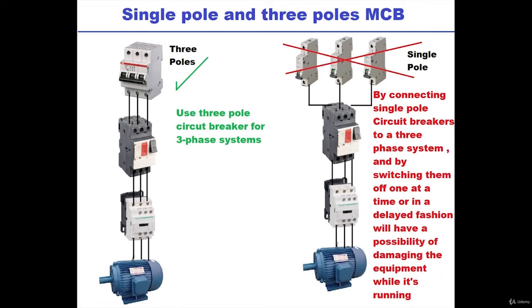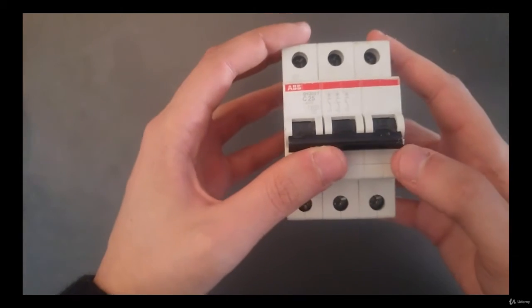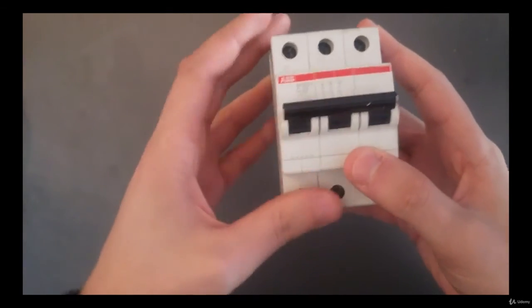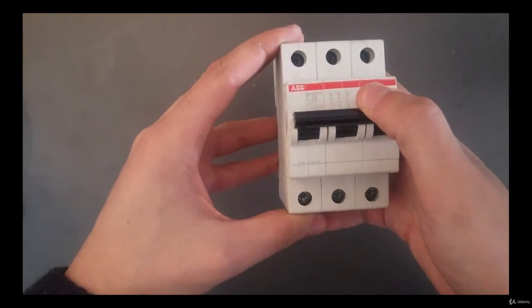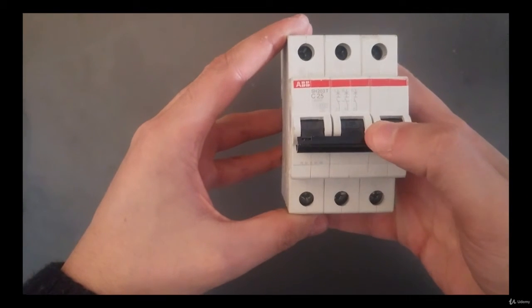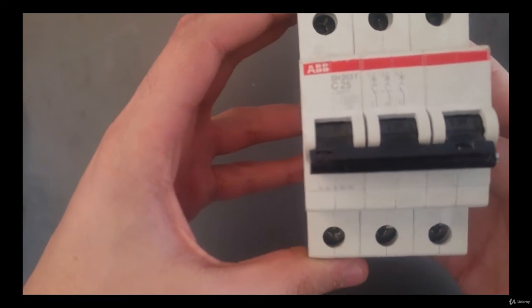However, using the three-pole circuit breaker, all the three poles will turn on and off at the same time. That's the advantage here. Take a look here how all the poles turn on and off together. There is no chance of one of the poles turning off before the other two do.